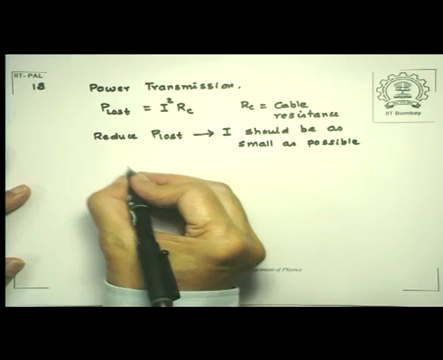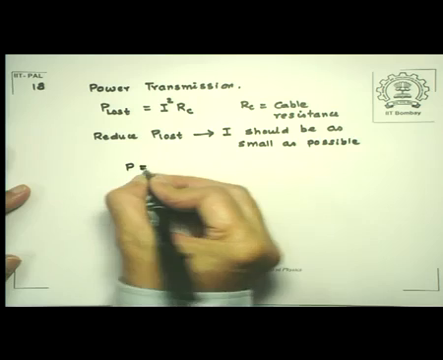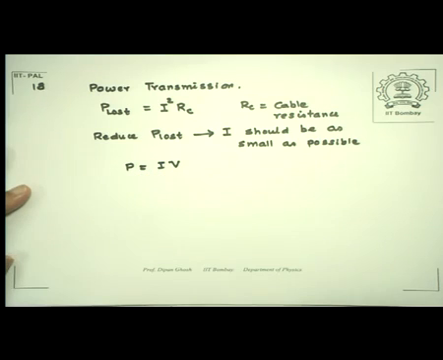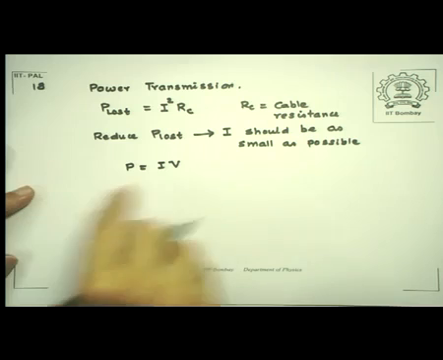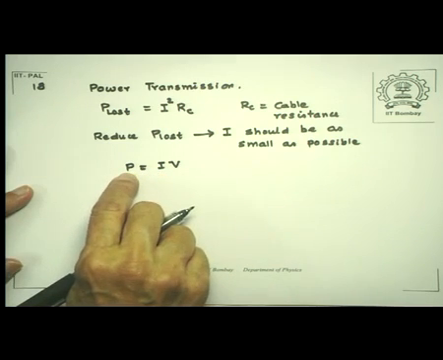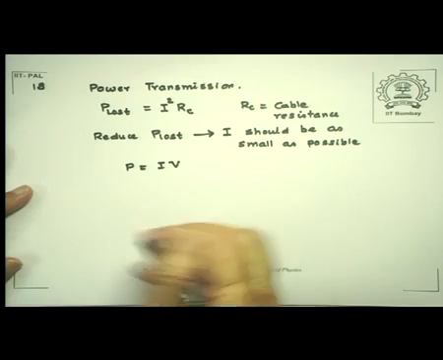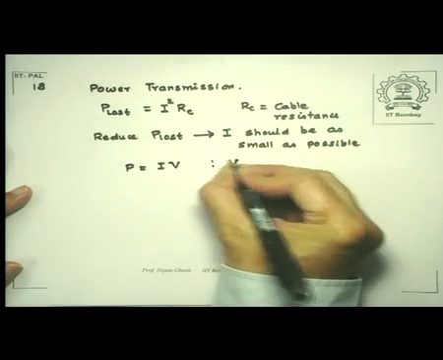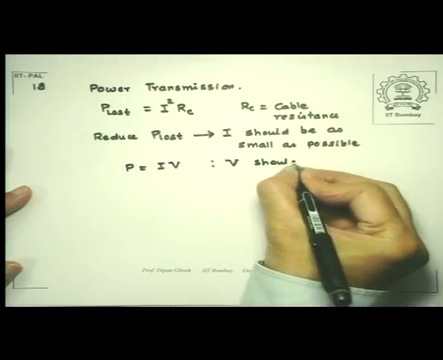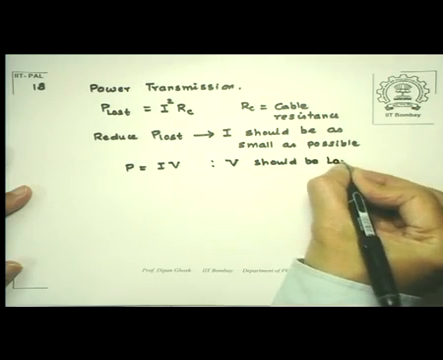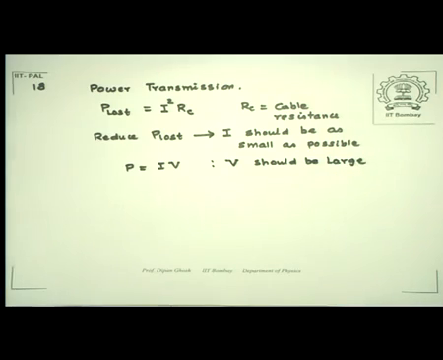Now remember that the power that is produced is actually I times V. So if I want small I for a given power, I want V to be as large as possible. So V should be large. But this is met with a certain amount of danger because you are going to transport power at fairly high voltage.